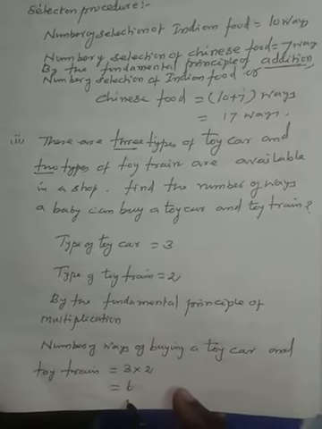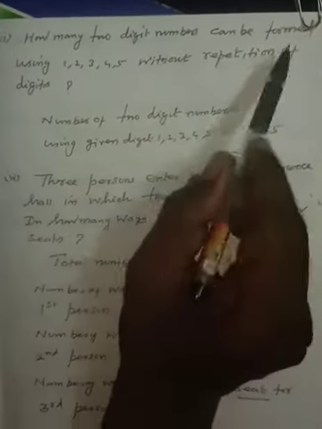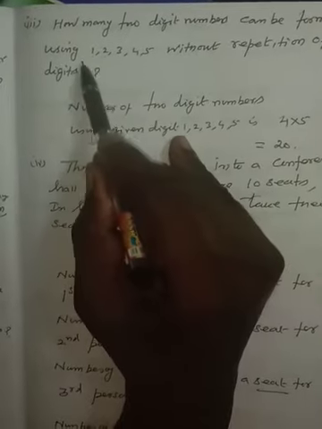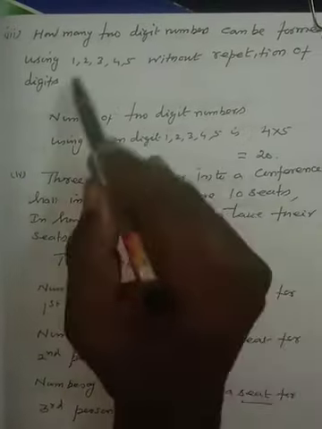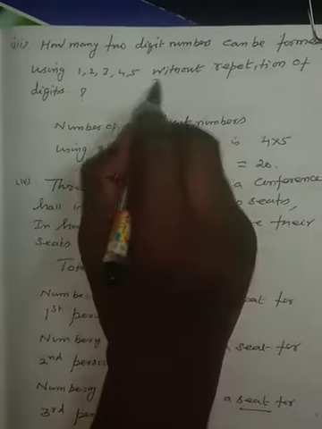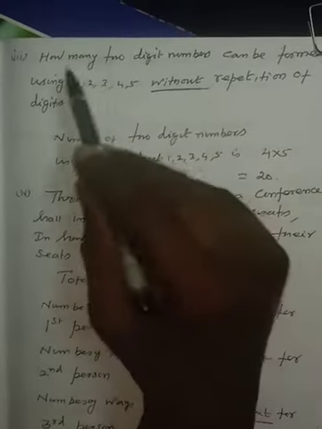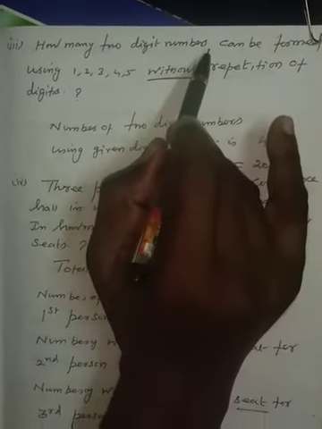Problem 3. How many 2-digit numbers can be formed using 1, 2, 3, 4, 5 without repetition of digits? Without repetition of digits is important. If the question were how many 2-digit numbers are there, then the answer is 90.